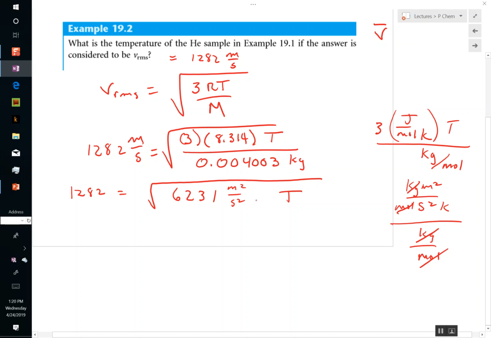We're assuming the average equals the root mean squared for this problem. Oh, I got a big number. Definitely wrong. So if you square both sides of this equation, you get something like 1.6435 times 10 to the sixth. Oh, this is in Kelvin?